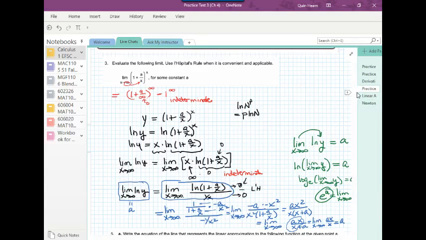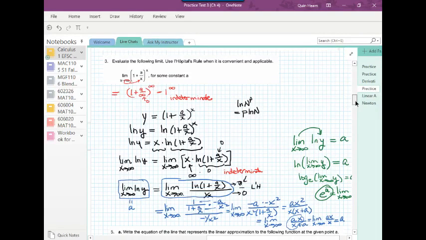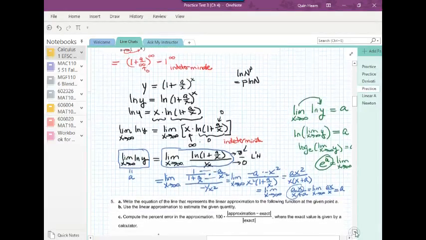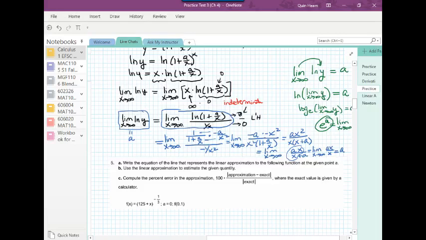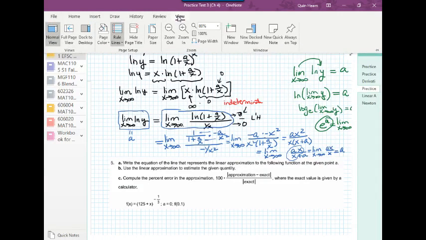All right, and now to get this out of the natural log, we just have to change this from logarithmic notation to exponential notation. Just in case you're rusty on that, remember natural log is log base e. So what that means is, what power do you raise e to to get that limit? It's the a power.